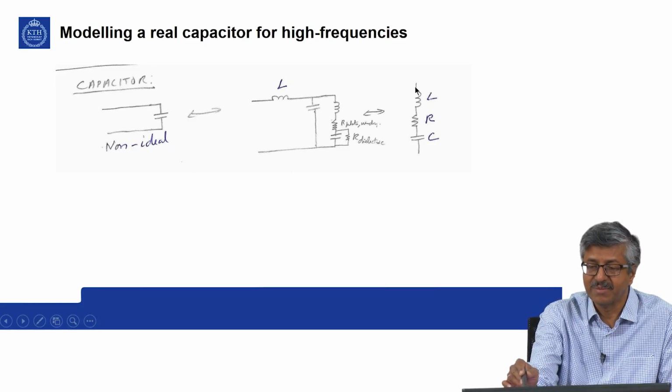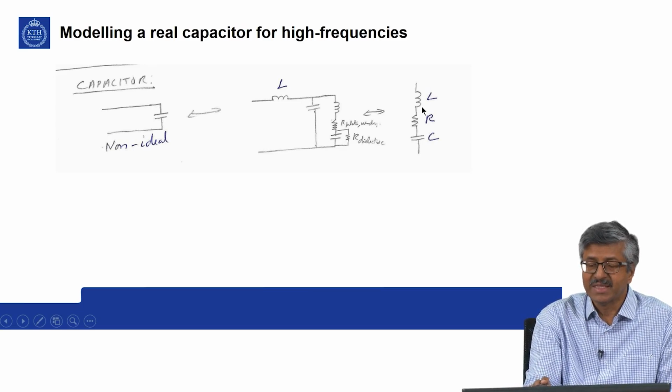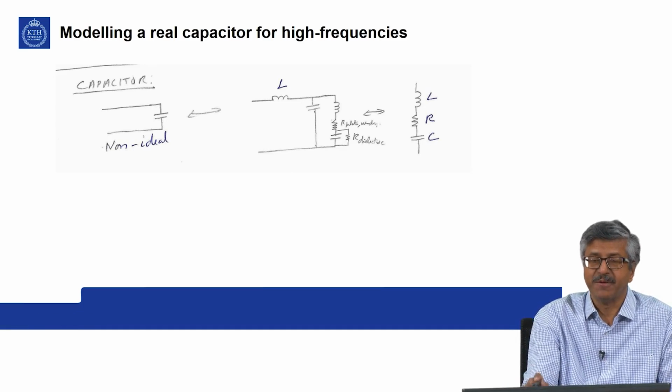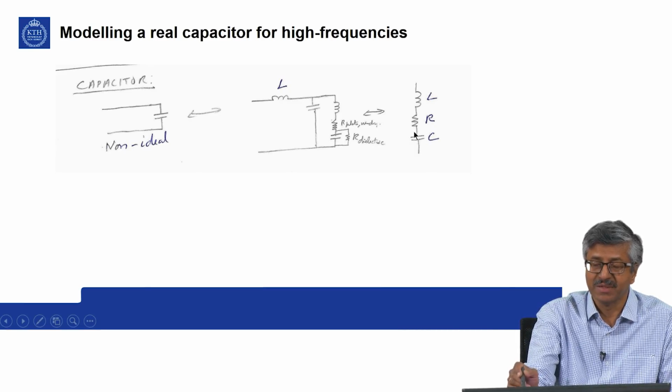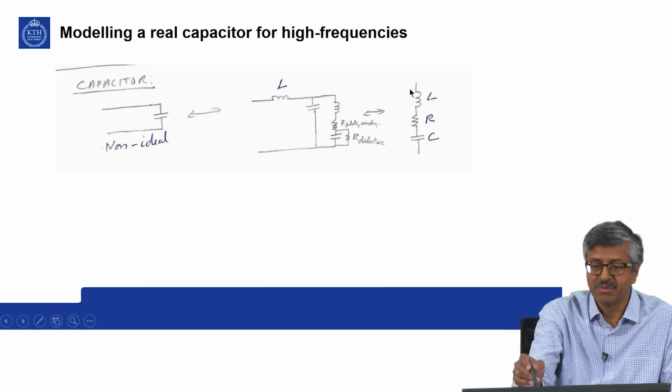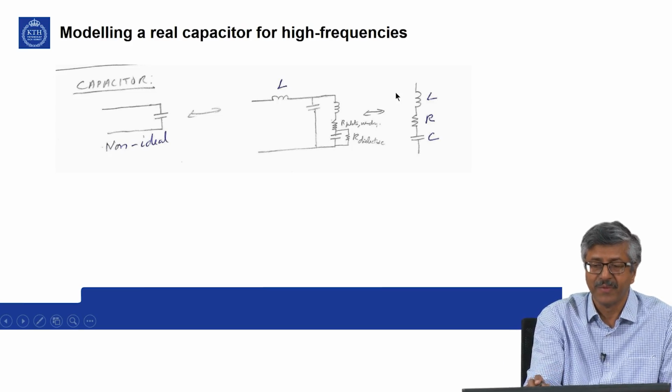So you get, as an approximate representation, a series network of L, R and C. C is the idealized part of the capacitor, and R and L are mostly contributed by the leads, with R mostly from the capacitor itself.